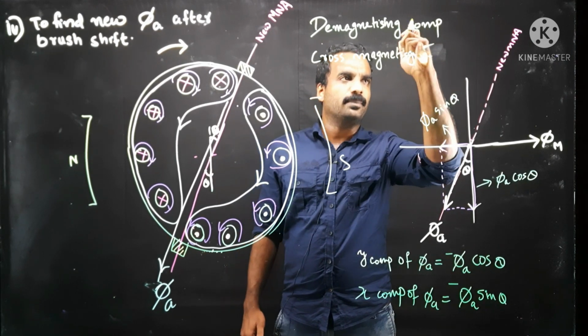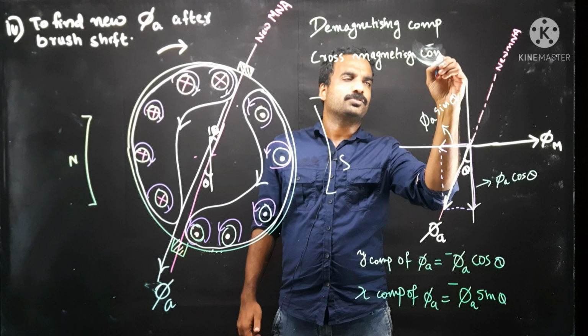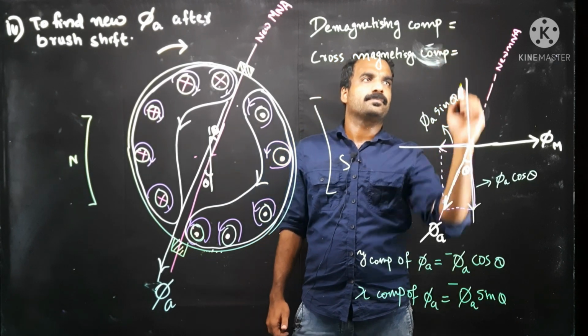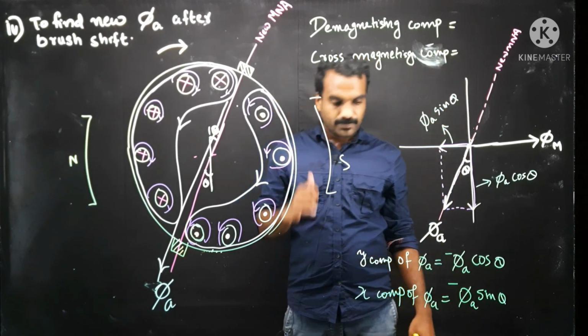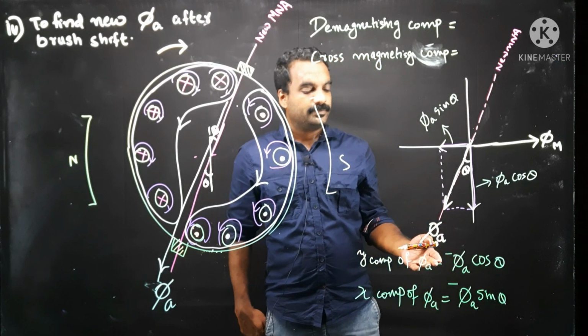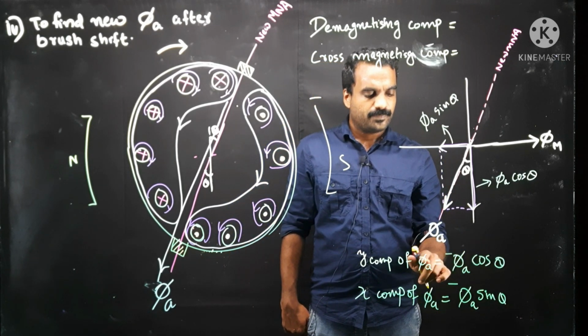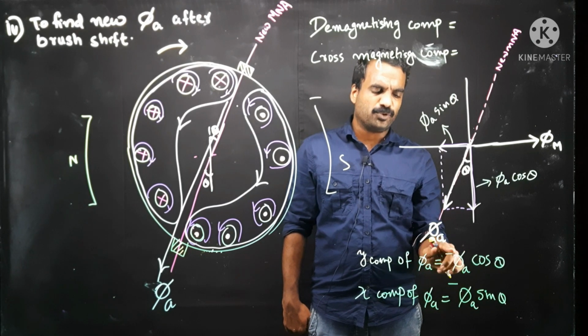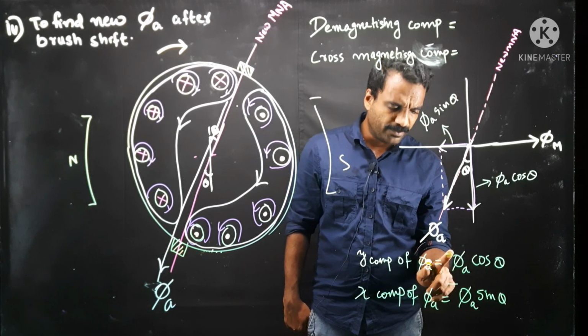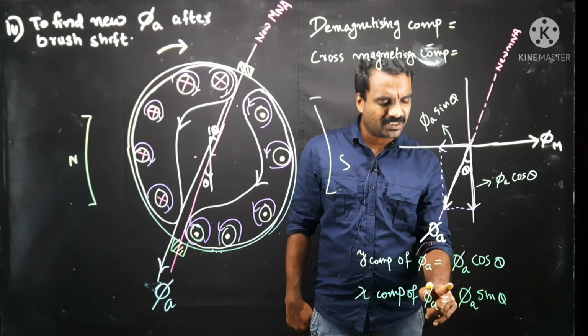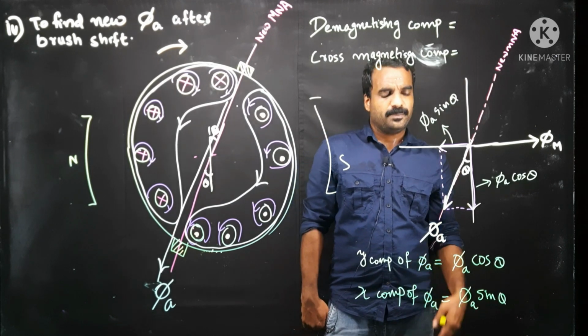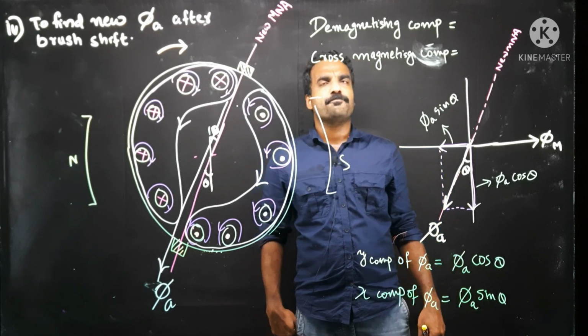Okay, you can write it as cross magnetizing component. You got two components. The magnitude is specific, you don't need to put the negative. If you put it, then also it's right, nothing wrong, but the magnitude is just enough.